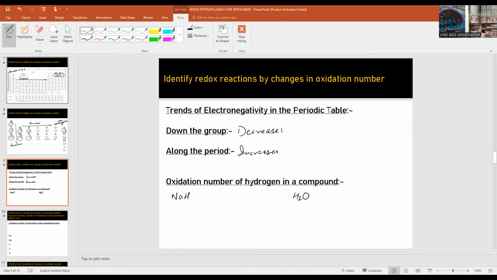So remember one point: whenever hydrogen is attached to metals, its oxidation number is always -1. But when it's attached to non-metals, it's always +1.